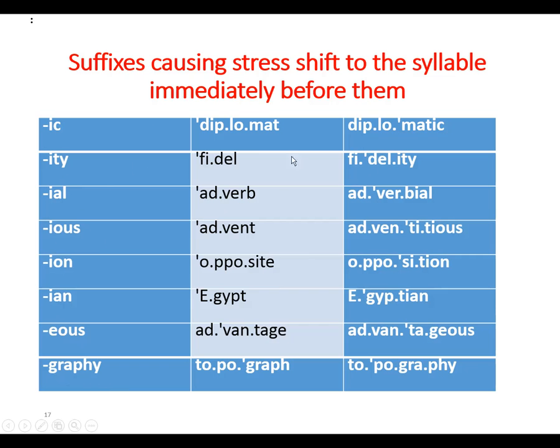Let's look at the example. Diplomat, and of course diplomatic. In the first we have "dip", but when we add -ic, the stress shifts to "mat". Diplomat, diplomatic. Fidelity. Adverb, adverbial. Advent, advantageous.